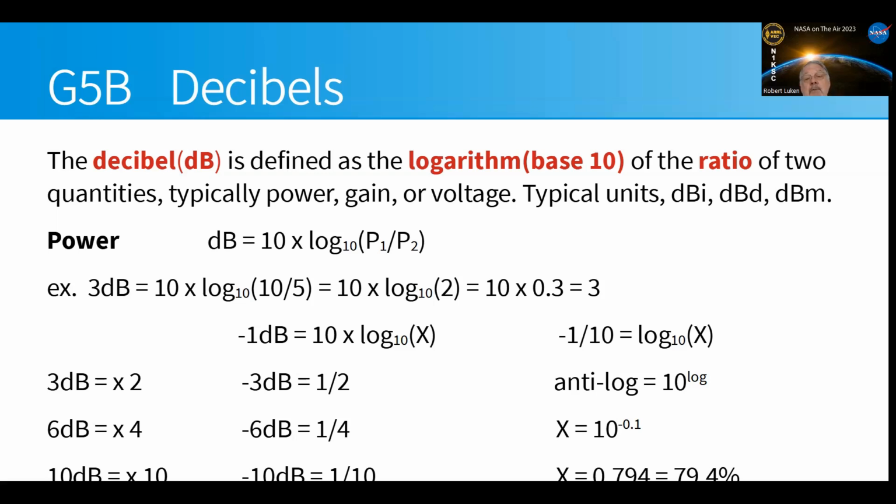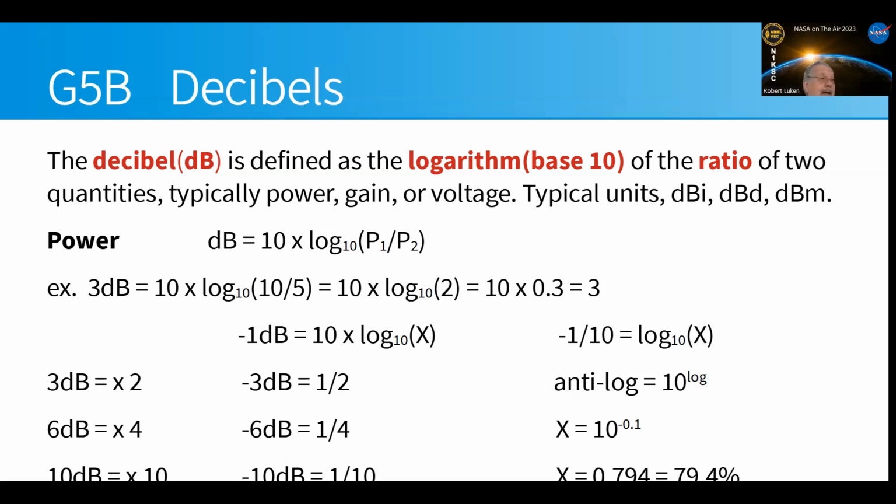And the antilog is 10 to the power of the log, which is how you find out what the something is. So x is going to be equal to 10 to the power of minus 0.1. Because we took 1 and divided it by 10, the manipulations of the formula.